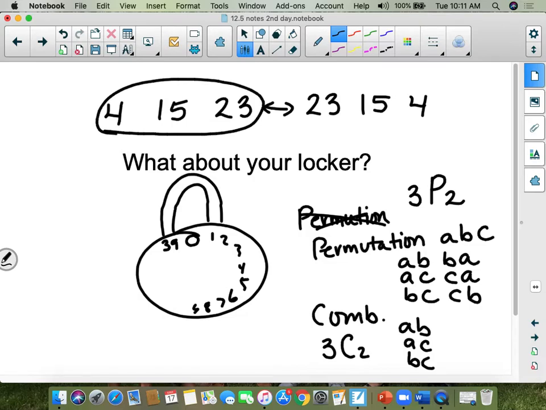Susie could have this combination. Billy can have this combination. Your locker is not a combination. Your locker is truly a permutation. We call it a combination because it's a combination of numbers, but in mathematical terms, it's really a permutation.